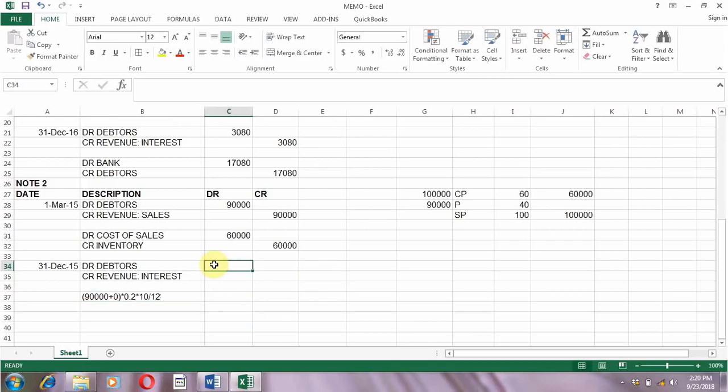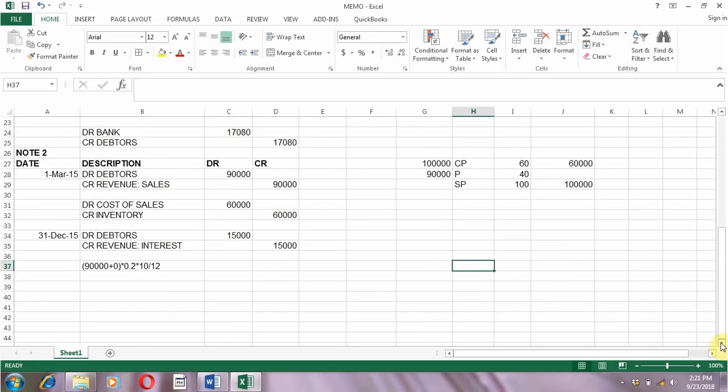In performing that calculation, I get to a total interest of 15,000. And that is the only entry to be done at year end because no payment was yet received. The year end after that will be 31st December 2016.